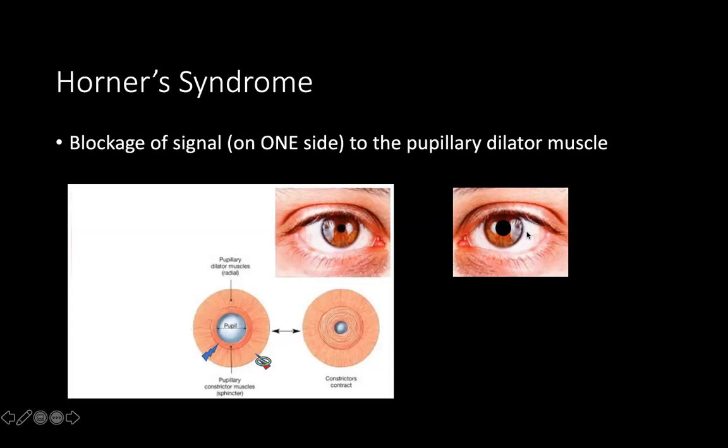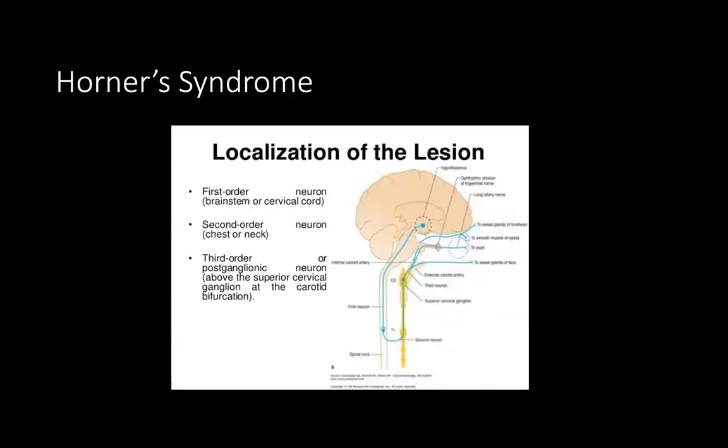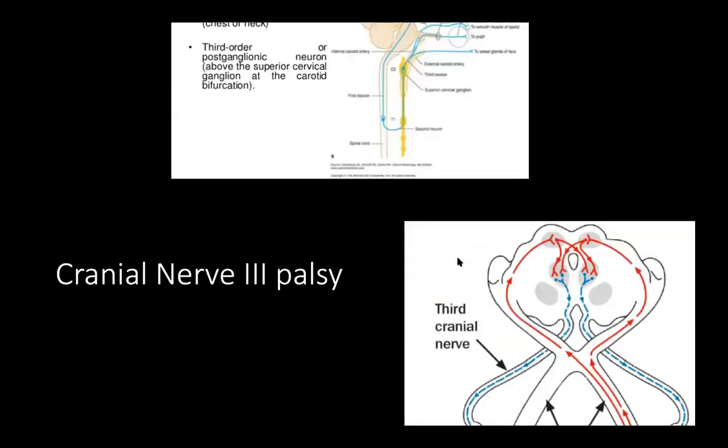That's Horner syndrome, where the big pupil is not the problem side, it's actually the small pupil side. What happens in Horner syndrome essentially is that it is not the light traveling to the brain that gets interrupted. It's the brain signal traveling back to the eye that gets interrupted on the side of the problem.